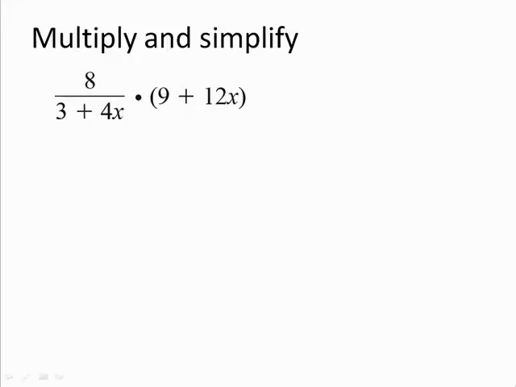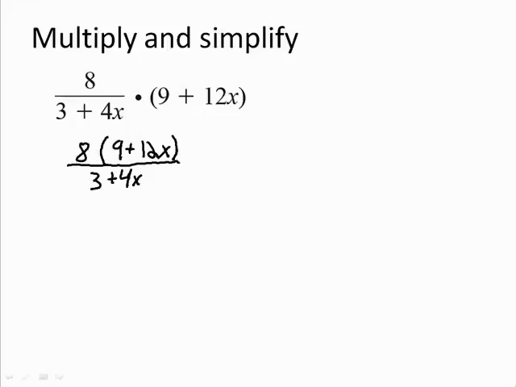Multiply and simplify. 8 divided by the quantity 3 plus 4x times the quantity 9 plus 12x. Multiply the numerators and denominators. For 9 plus 12x, the 9 plus 12x is the numerator, and the denominator is 1. 8 times the quantity 9 plus 12x divided by the quantity 3 plus 4x.